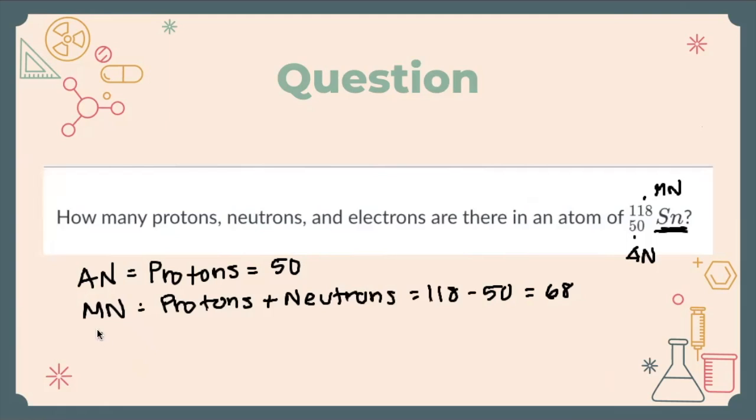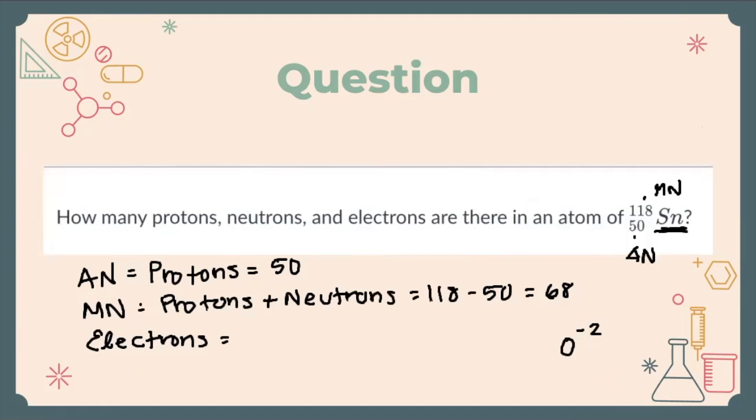Lastly, you want to figure out the number of electrons. And this is very, very simple. When you're looking at this format, we see no charge on our chemical symbol. What do I mean by charge? So let's say we had oxygen and we had a -2 charge. This is a chemical symbol that has a charge, meaning there are more electrons than there are protons.